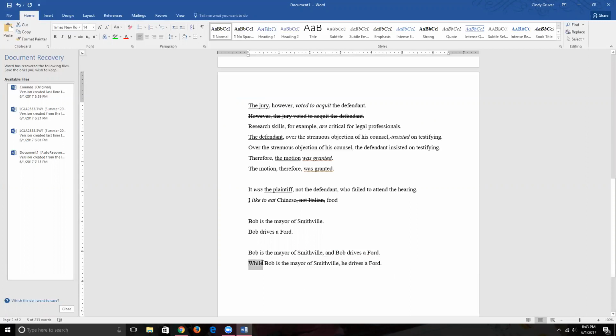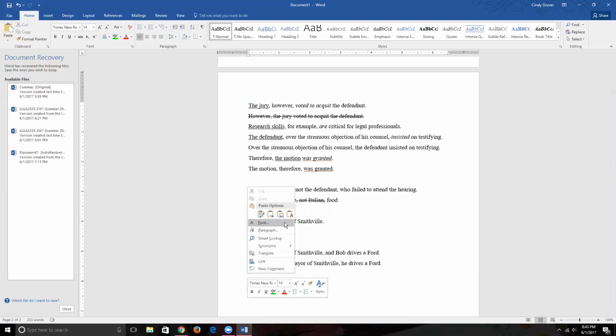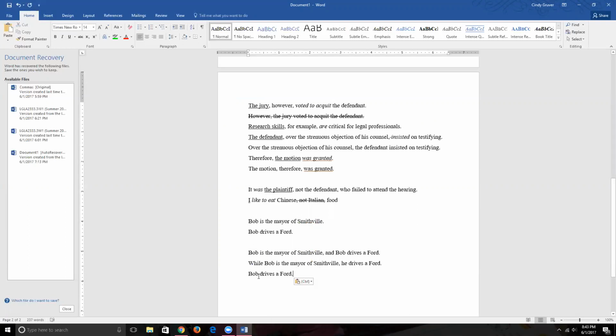So these two sentences mean the same. In fact, I'd say this one provides a little bit more information because it's putting some contrast here between these two statements. But a third way we could do it is we could say, you know what, this is going to function as a definition of Bob. So what we're going to do is we're going to start with this sentence as the real sentencey thing that we're dealing with, the independent clause, and we're going to insert here this fact.